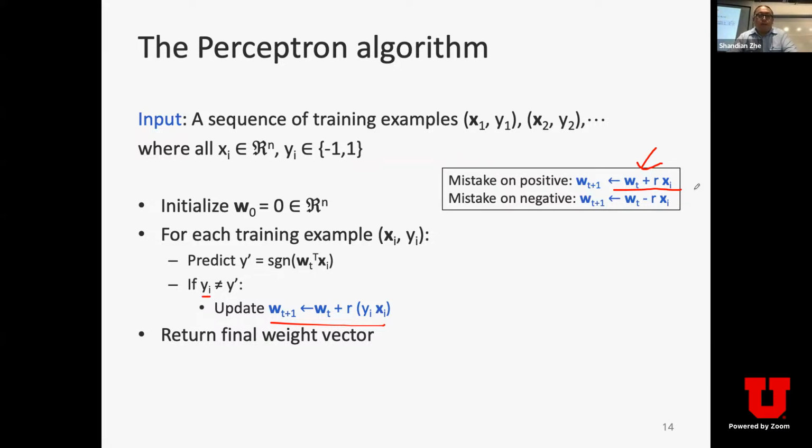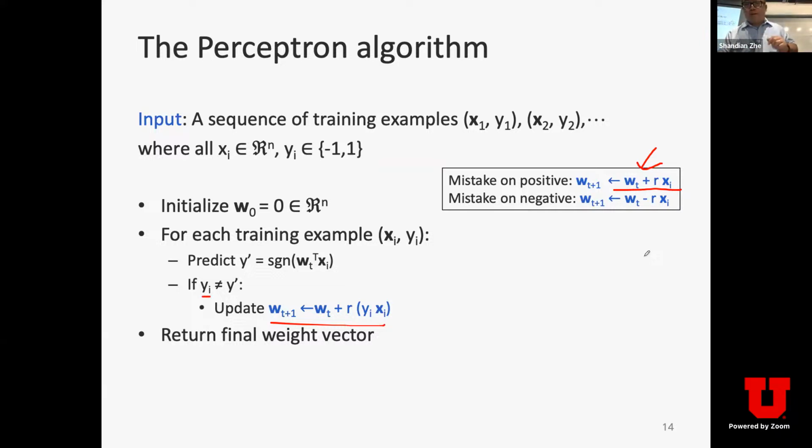On the other hand, if you make a mistake on a negative example, then your update will be subtracting from W_t r times xi. Later we'll talk about why such an updating rule makes sense.